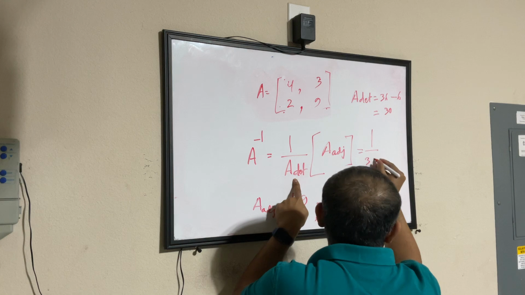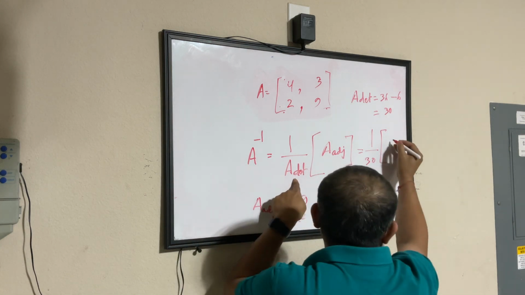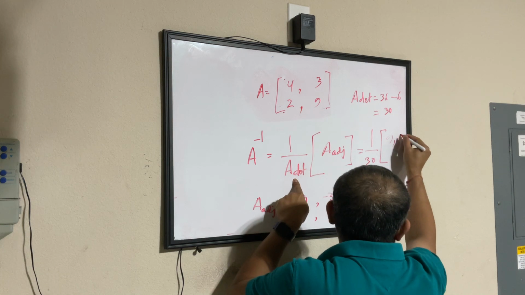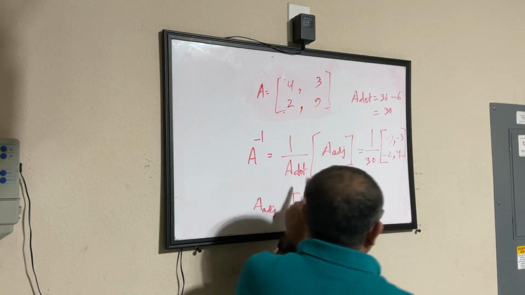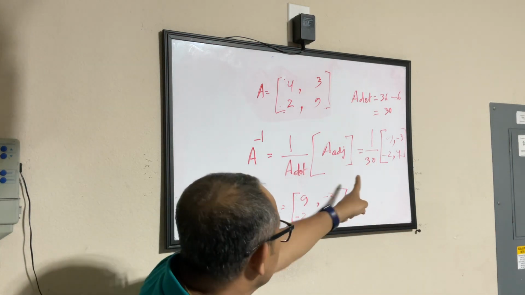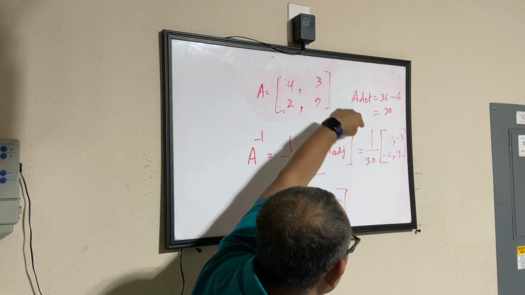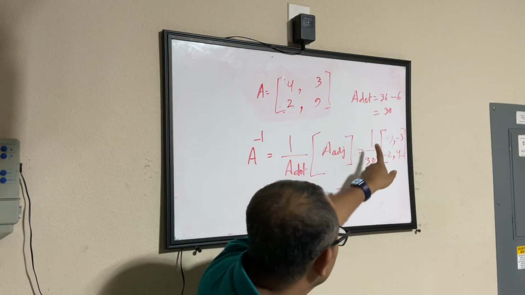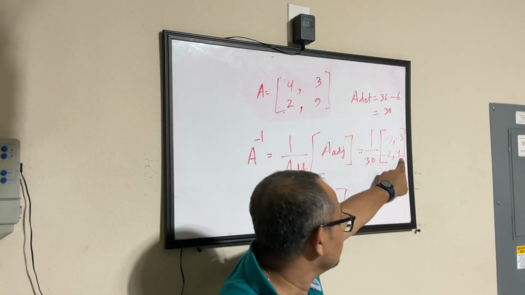So 1 by 30 multiplied by your adjoint. Adjoint is another 2 by 2 matrix. So your inverse became this scalar, which is 1 by determinant, multiplied by the adjoint of the matrix.